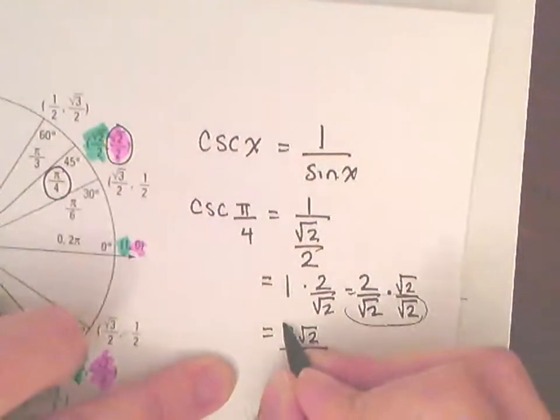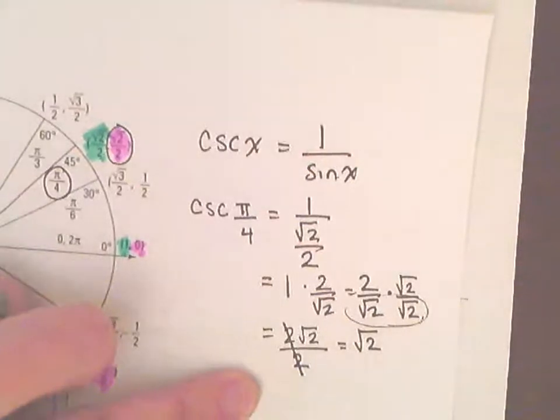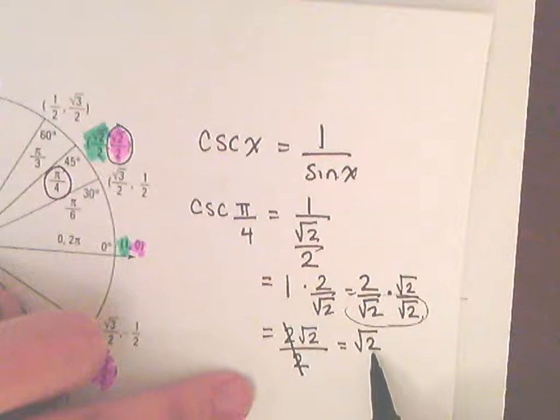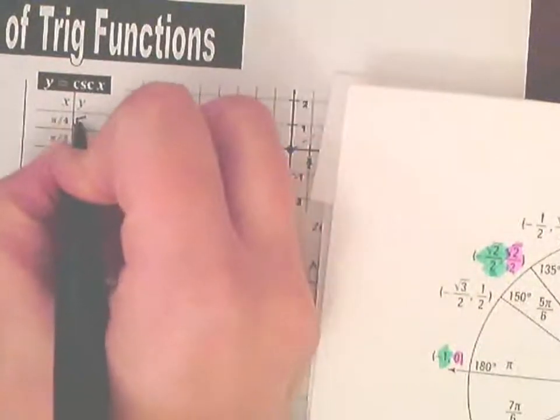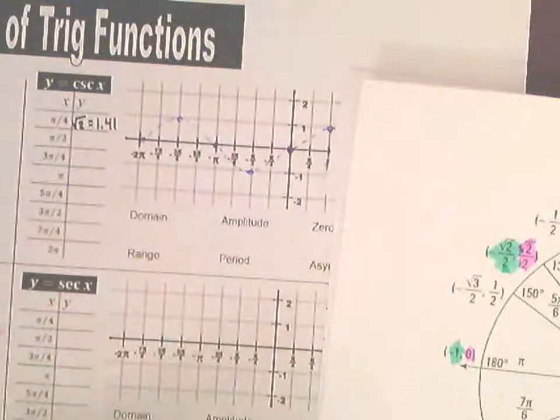And then what happens to 2 over 2? That is gone, and you're left with just square root of 2. And square root of 2 is what our y value is for pi over 4. And square root of 2, if you put it in the calculator, is approximately 1.41.